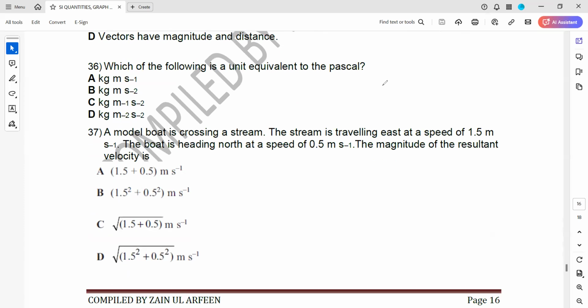Which is equivalent to Pascal? Pascal is Newton per meter squared. Newton is kilogram meter second to the power -2, and meter squared. So this will cancel. So it will become kilogram meter -1 second -2. So C will be the right answer for 36.